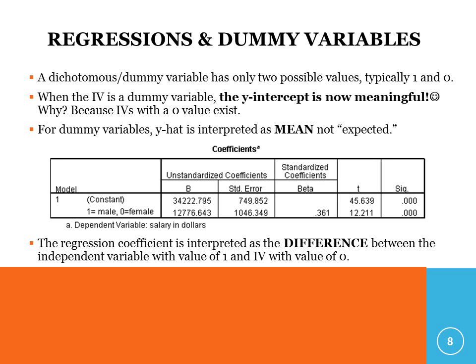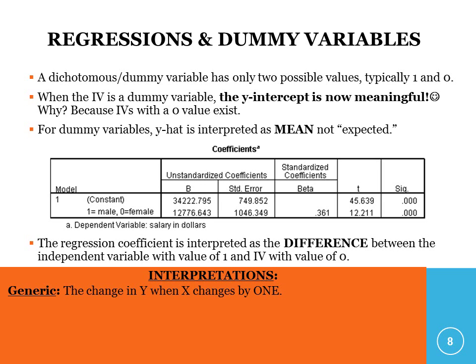0 means something. And so our y-intercept here is the difference, as we can see here, between the independent variable with value 1 and with value 0. So this is telling us generically the change in y when x changes by 1.